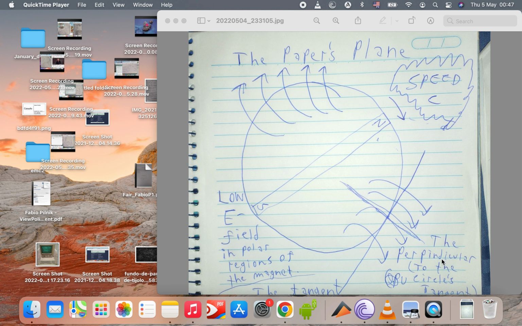We're going to say that the entire tangential component is working on spinning the magnet at speed c. No matter how small or how large the magnet is, it wants to chase its tail. It wants to do that at speed c. And it's going to do that by using the tangential component of the magnetic field.